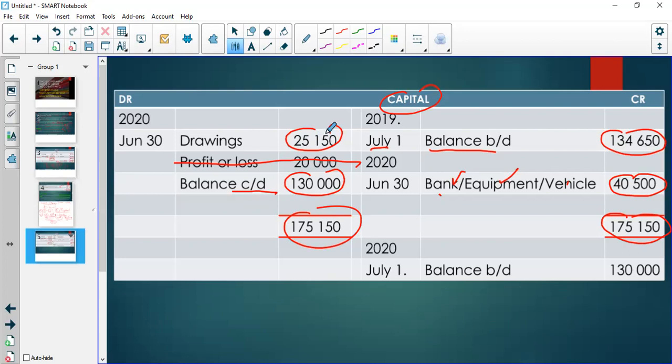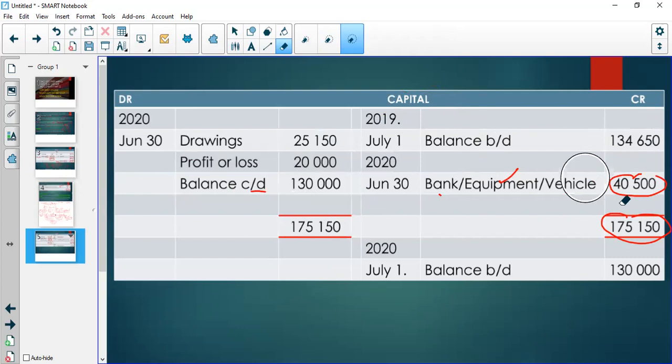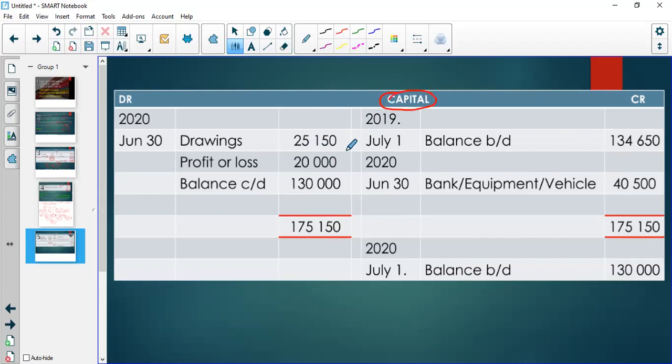So the balancing figure, if you subtract 130,000 from 150,000, then you have 20,000. This 20,000 is on your debit side, right? All right. So we have a debit of 20,000.